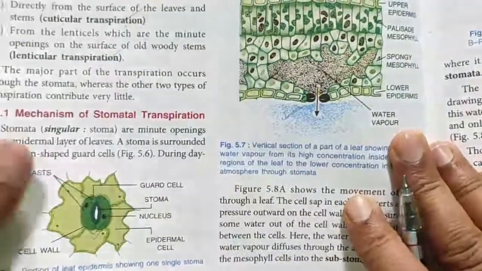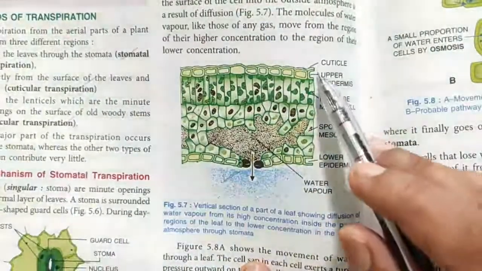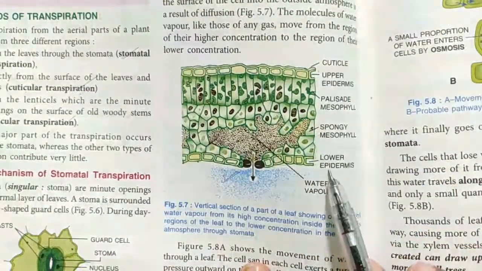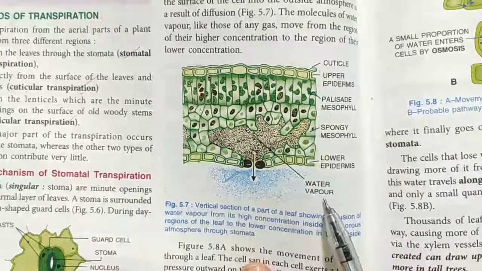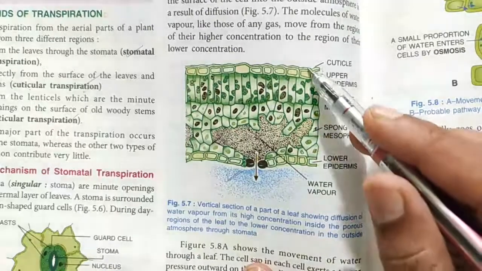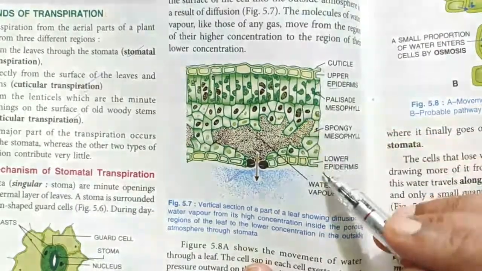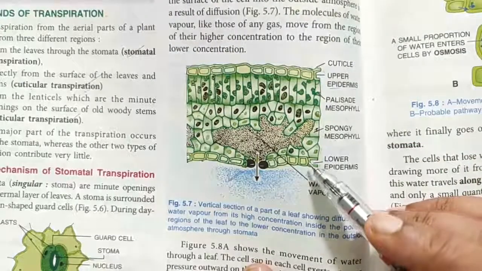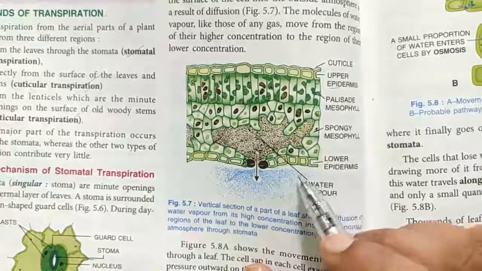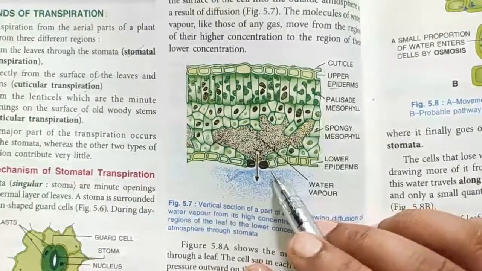If you see a section of a leaf, you will find the following layers: cuticle, upper epidermis, palisade mesophyll, spongy mesophyll, lower epidermis, and water vapor. This upper part is the upper epidermis, which is protecting the inner surface of the leaf from the top, and this is the lower epidermis, which is protecting the leaf from the bottom. You will find the maximum amount of stomata on the lower surface of the epidermis.